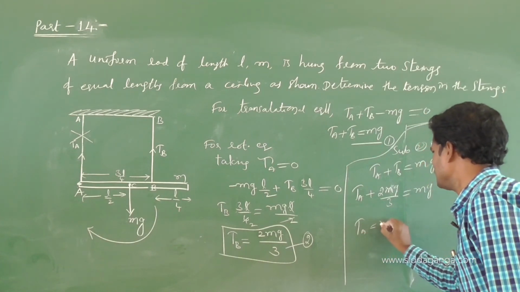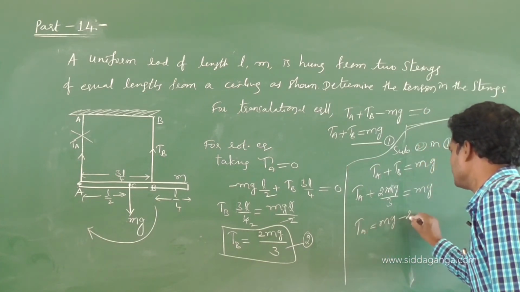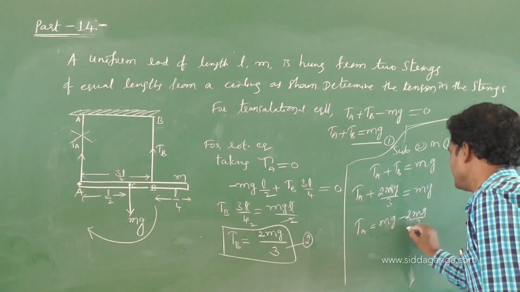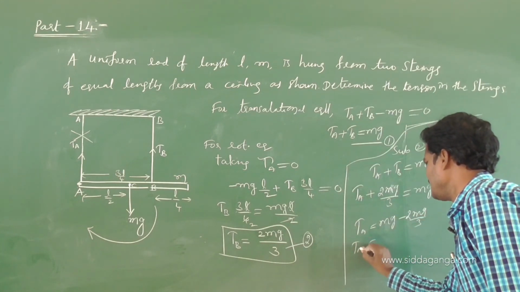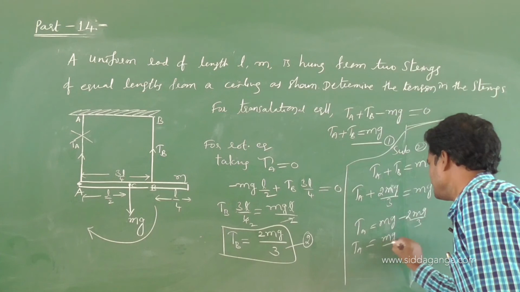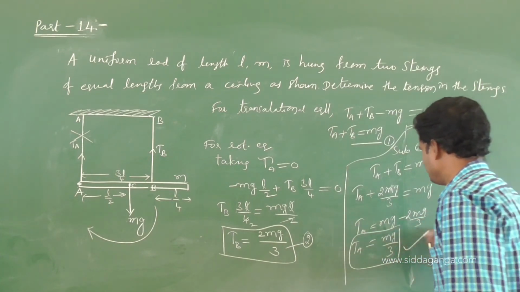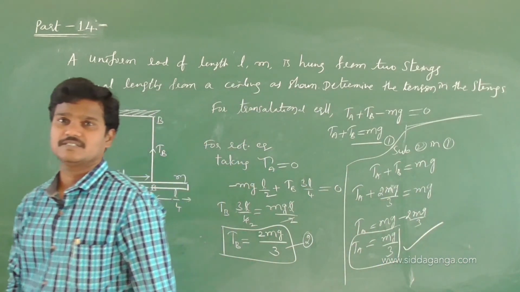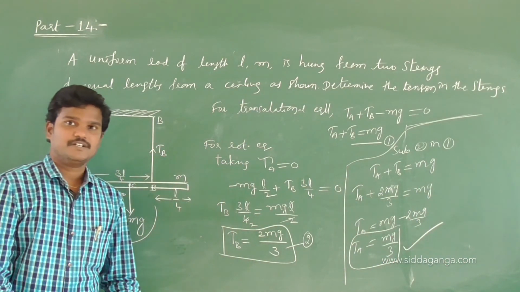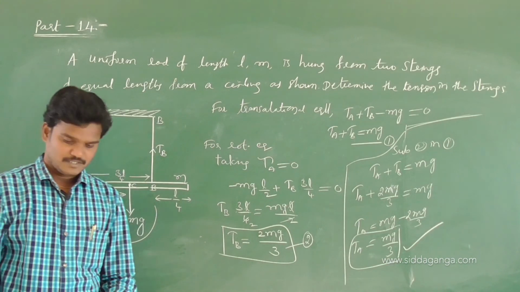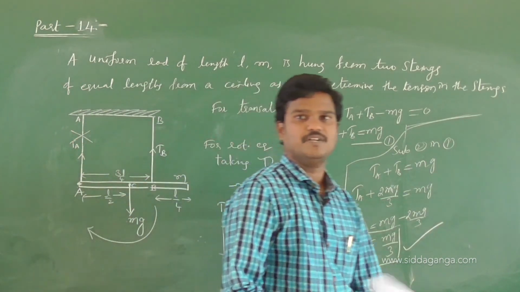TA is equal to mg minus 2mg by 3. 3mg minus 2mg, so TA is mg by 3. So one answer is mg by 3, another answer is 2mg by 3.